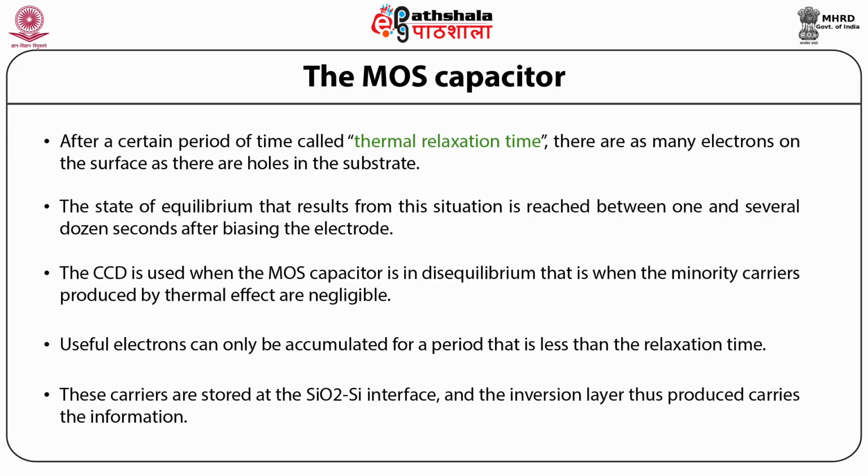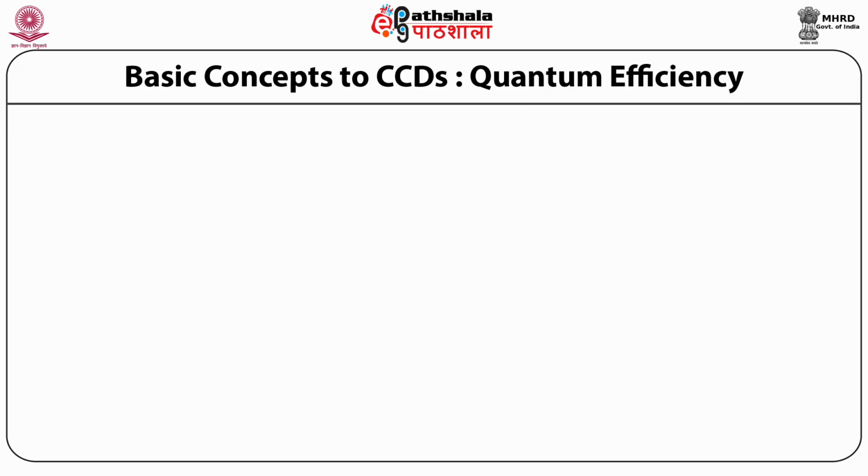These carriers are stored at the silicon dioxide surface, and the inversion layer thus produced carries the information. The operation of charge injection, transfer, and readout must take place in a very short time compared to the thermal relaxation time.